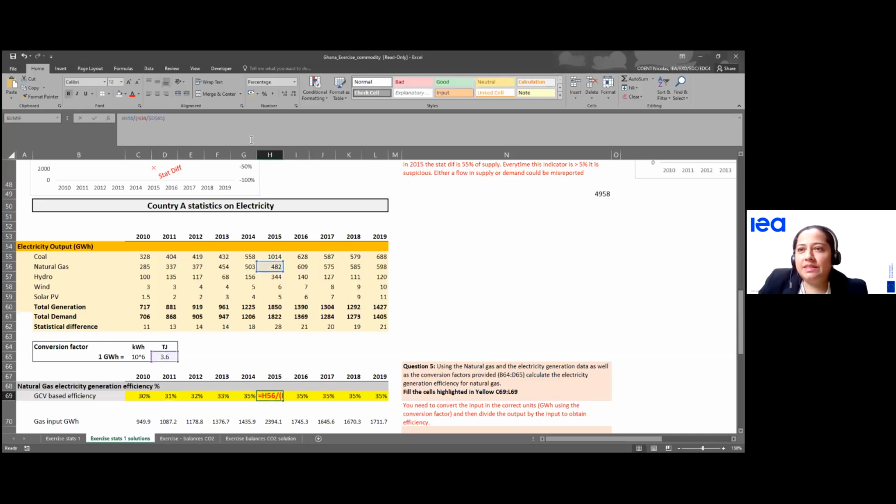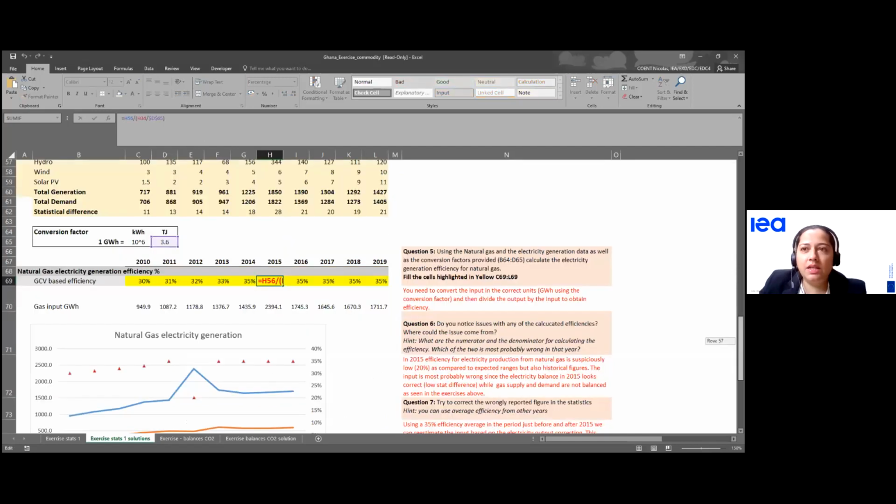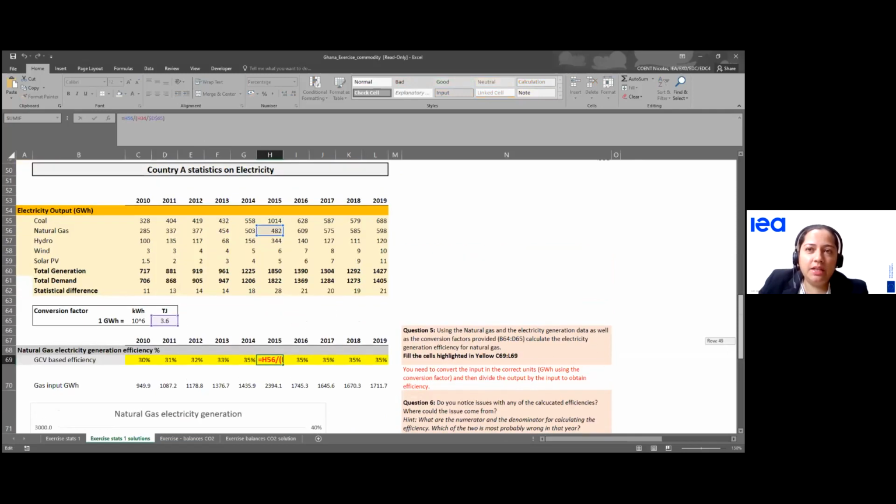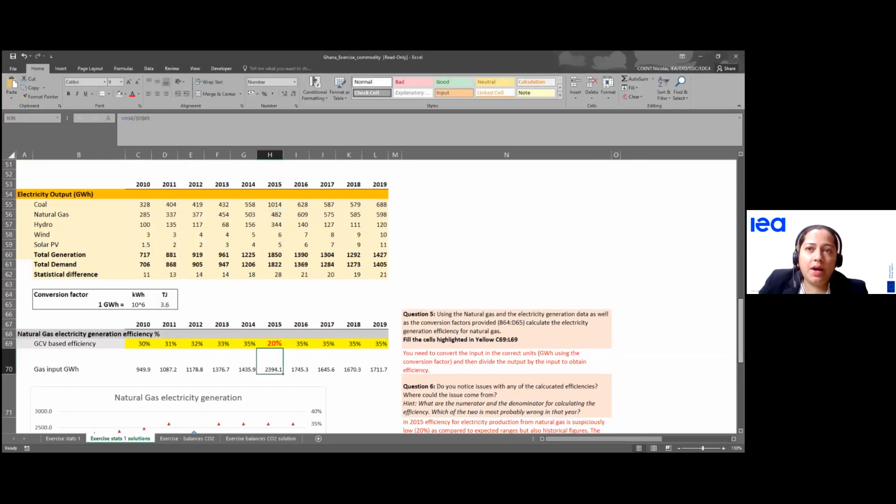And then, do you notice any issues with the calculated efficiency? So indeed, in 2015, the efficiency is quite low, it's only 20%.